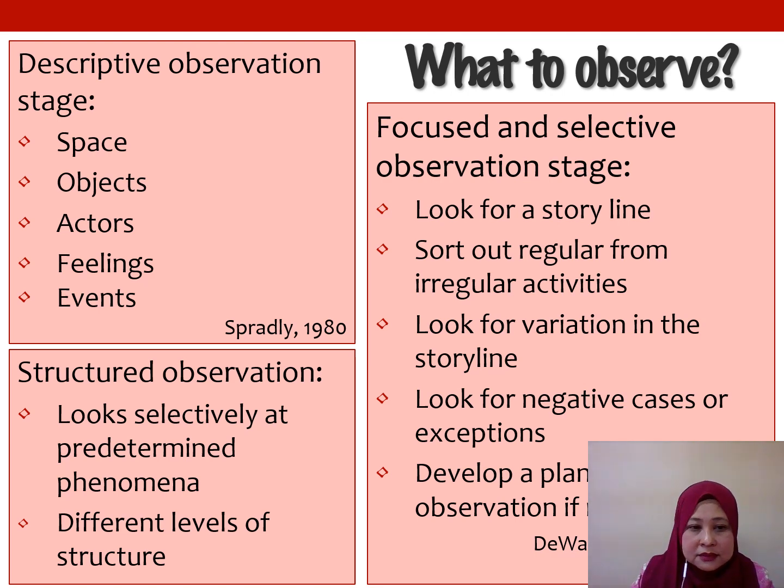It could be space, an object, actor, feelings, or events, right? In structured observation, you look at selective phenomena at different levels of structure, and then you focus on selective observation stages based on their storyline, and then regular or irregular activities, and others, right?